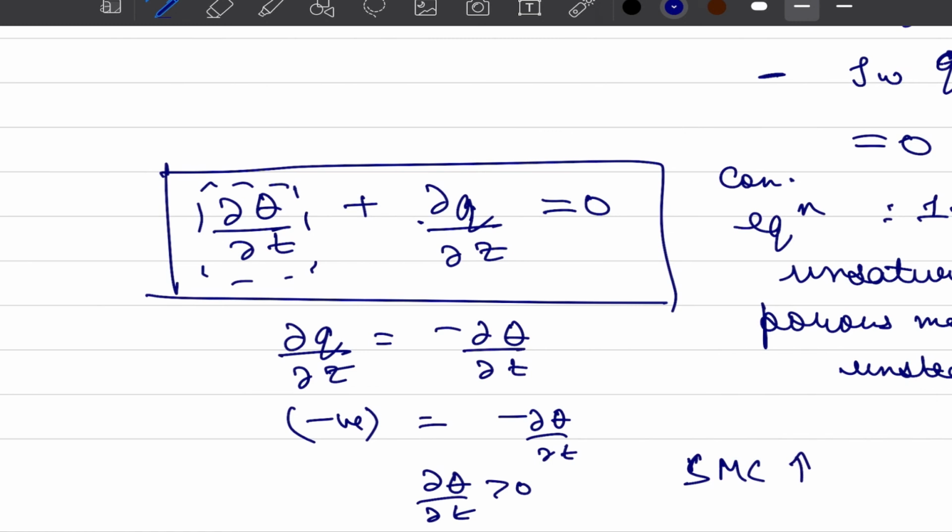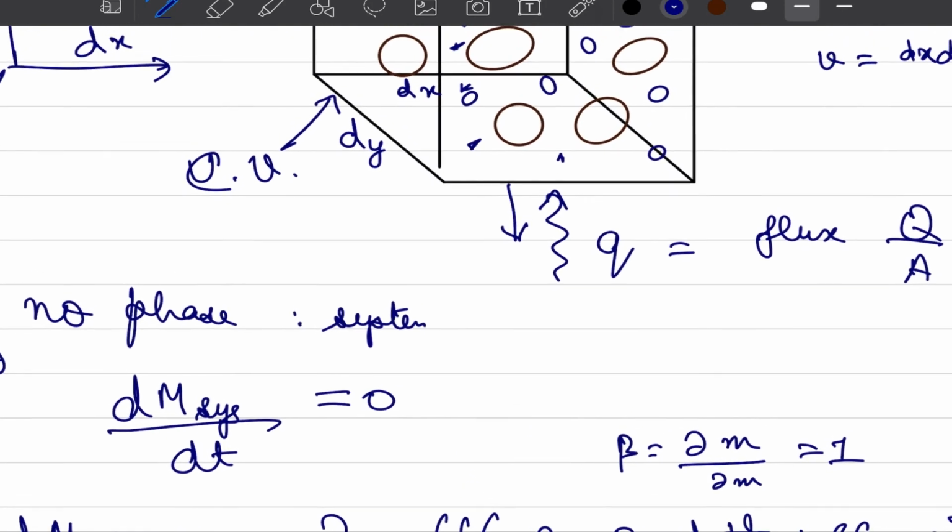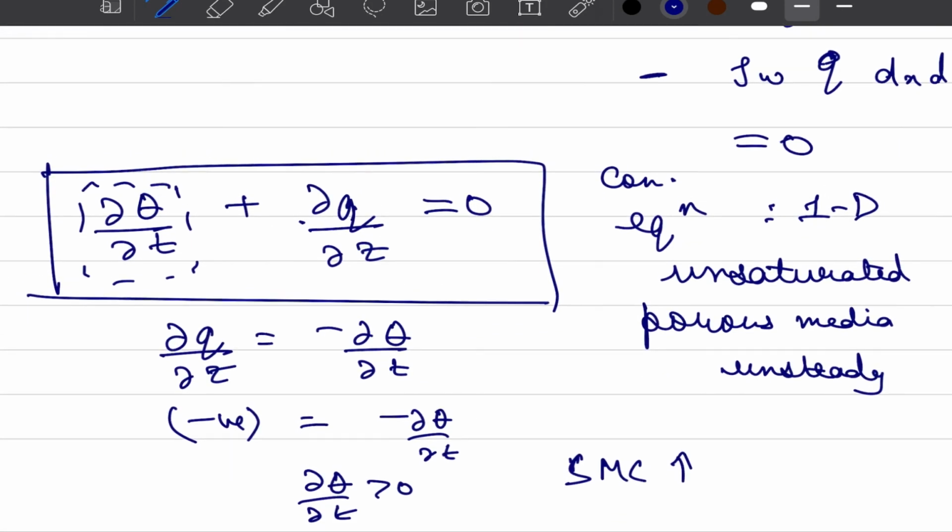And once we have the estimates of flow fluxes, that is, the rate of inflow or the rate of outflow, we can easily estimate at what rate soil moisture content is going to change in the parcel of soil under consideration. So this is the intuition behind the mathematical concept of the equation of continuity.